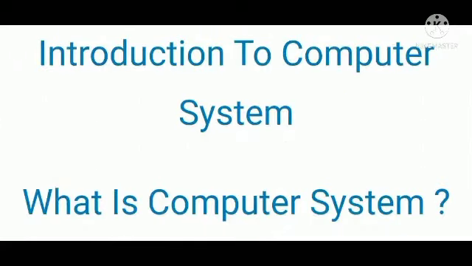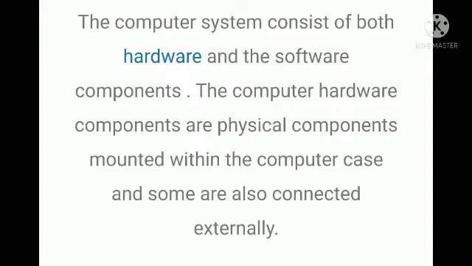Now we are going to the introduction of computer system. What is a computer system? The computer system consists of both hardware and software components. The computer hardware components are physical components mounted within the computer case, and some are also connected externally. So what do you mean by computer hardware? They are the physical components of a computer system. Those physical components are termed as hardware components.